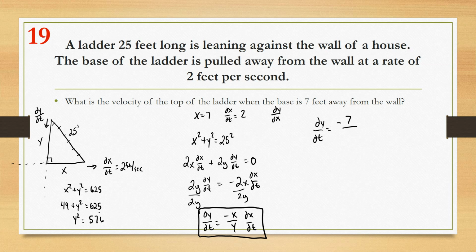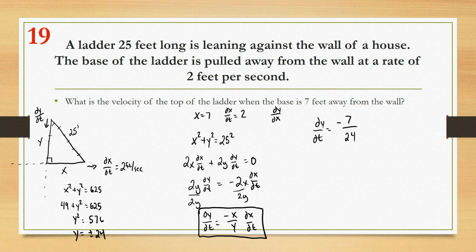And if we take the square root of 576, we get plus or minus 24. Now, since we're talking about the positive y direction, we know that y is going to be positive 24.